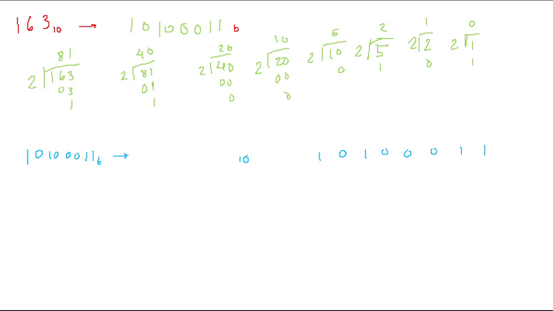So it's 2 to the 0, 2 to the 1, 2 to the 2, 2 to the 3, 2 to the 4, 2 to the 5, 2 to the 6, and 2 to the 7. This is 1, 2, 4, 8, 16, 32, 64, and 128.